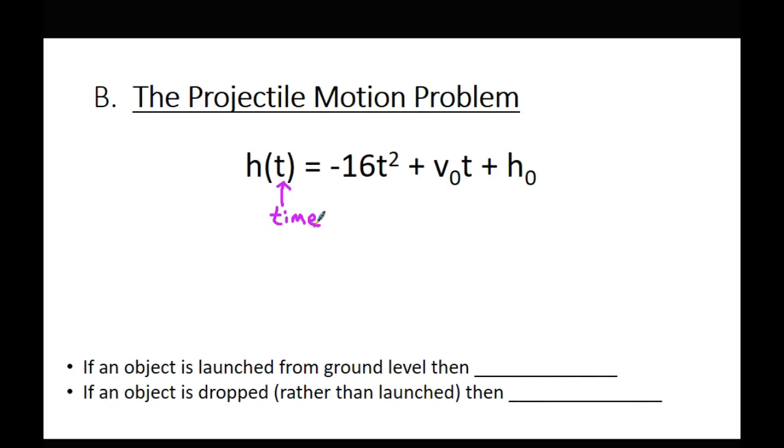And the h represents height. And I think it's fair to say we're always going to be doing this in seconds. So this is the height after t seconds. It's always going to be in seconds.